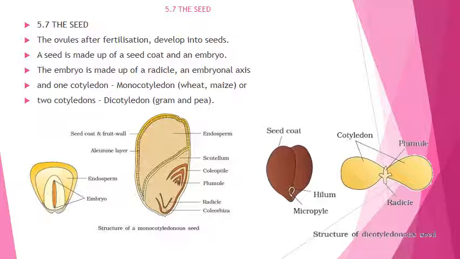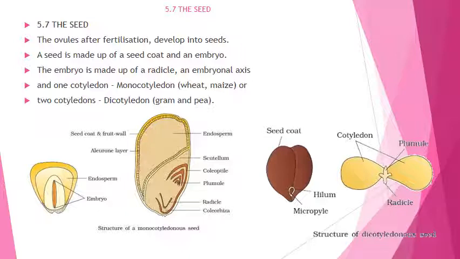All of us are very familiar with maize because we eat maize whenever we go outside. Bhutta, as we call it. If you take a maize seed out from the corn, you will find that it is single, as shown in the figure. So it has only one cotyledon.